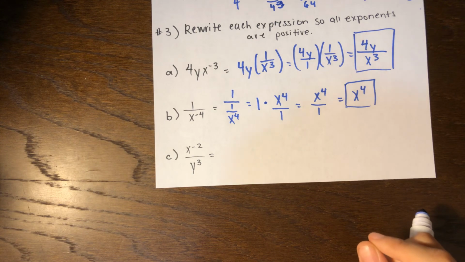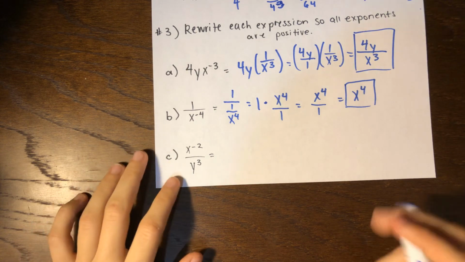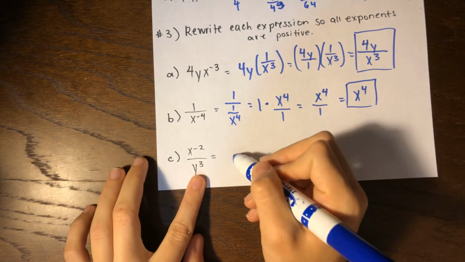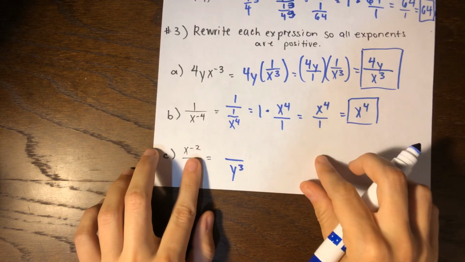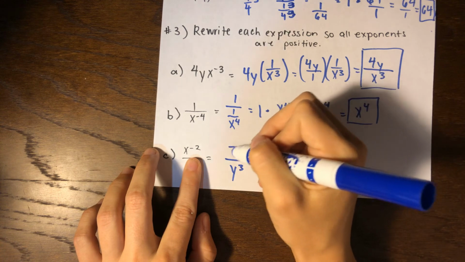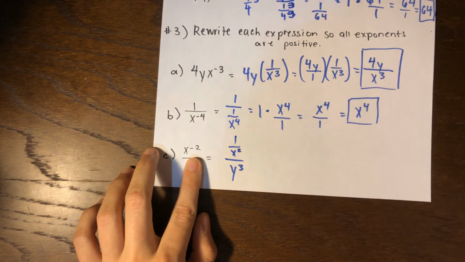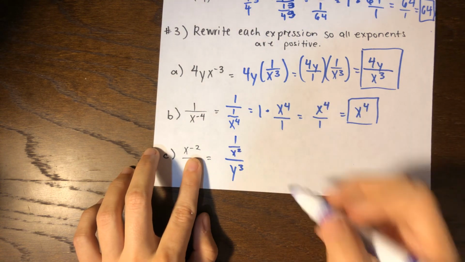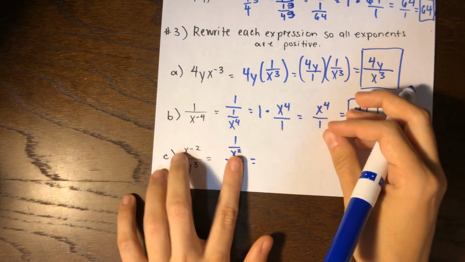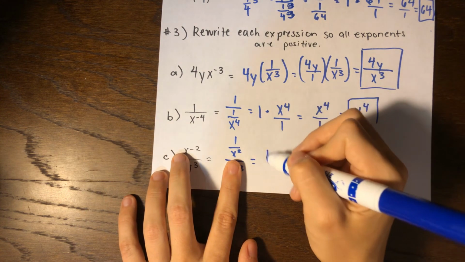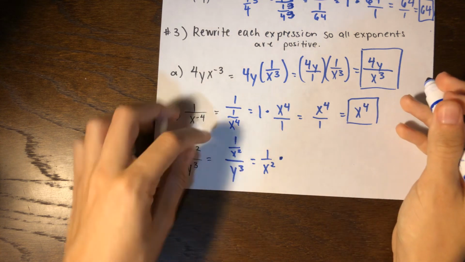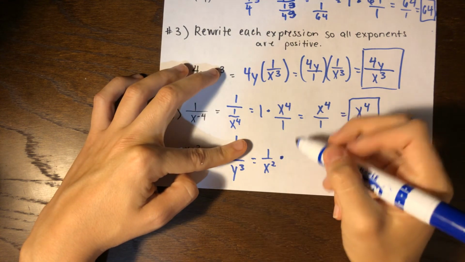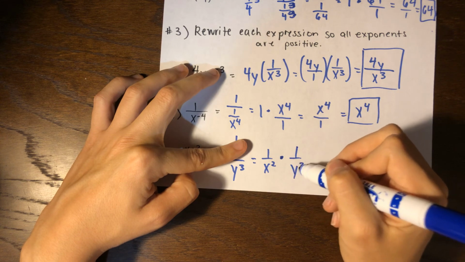Last one, okay? I'm keeping the positive one, so I have y to the 3rd down here, and x to the -2nd power. I can rewrite that to be positive by writing 1 over x squared. So we're going to keep the top, 1 divided by x squared, change the sign to multiply, and then instead of y to the 3rd, I'm going to write 1 over y to the 3rd.